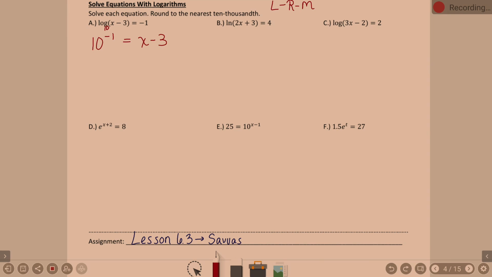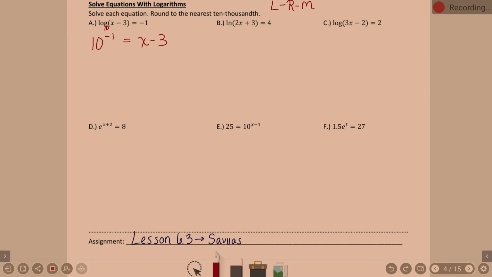Okay, left, right, middle. Remember, to go out of log form into exponential form, we can use that left, right, middle. So base of 10, the left to the right equals the middle. Now do we have an equation we can solve? What do you know about 10 to the negative first?